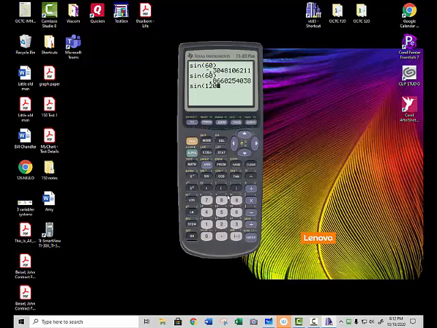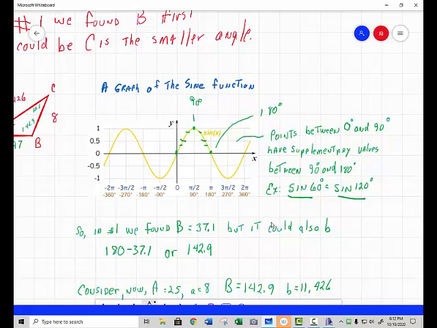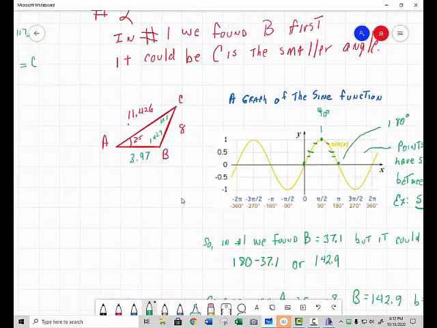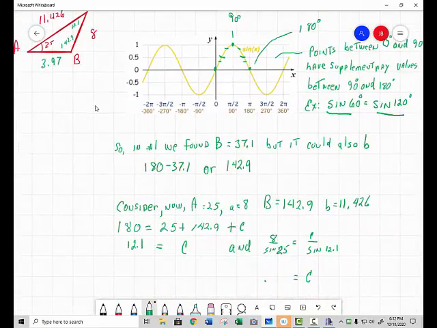Now that's important to us because we found that when angle B was 37.1, it could also be that angle B is 142.9 if I take its supplement, just simply subtract it from 180. So now we consider angle A is 25, side A is 8, but B now is not 37, it is 142.9.